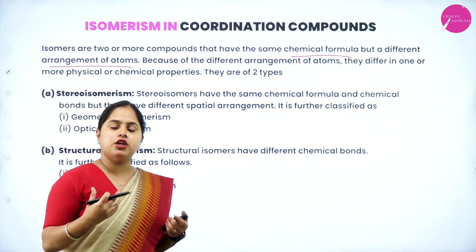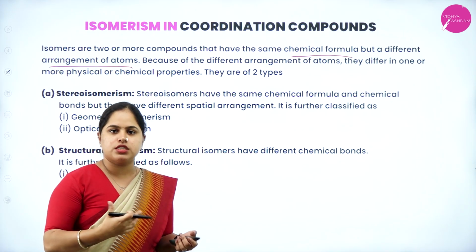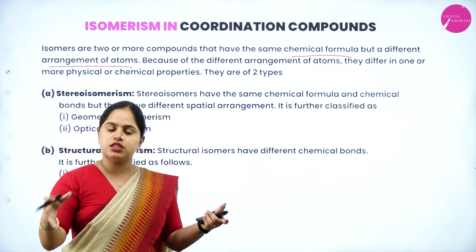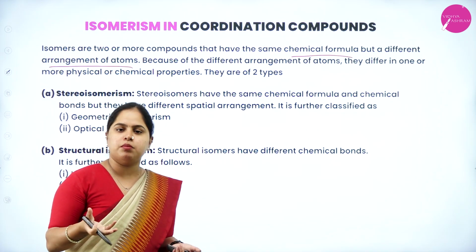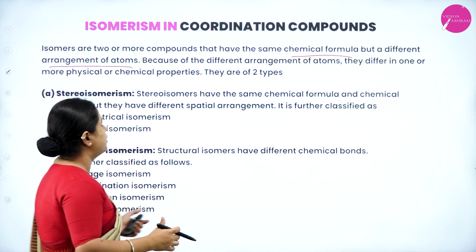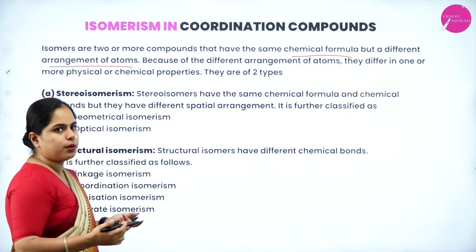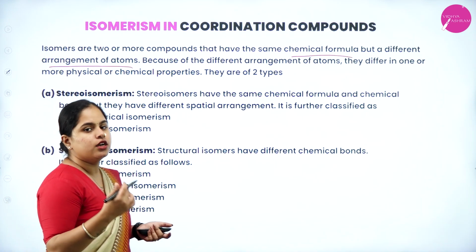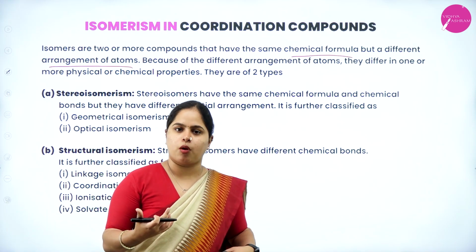Right, the arrangement of atoms, something related to the spatial arrangements, the bonds, all of that are different, but these compounds will have the same molecular formula. That means the same number of atoms will be present. It's just the arrangement of the atoms will be different, right? Because of the different arrangement, they differ in 1 or more physical properties and chemical properties. So of course, they are different compounds itself having different physical and chemical properties, right?